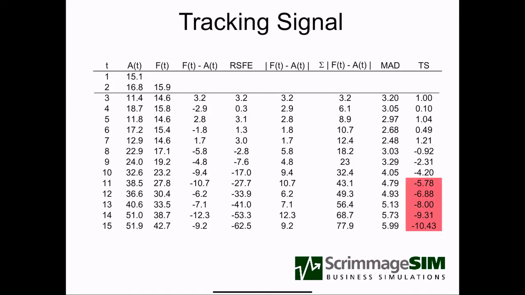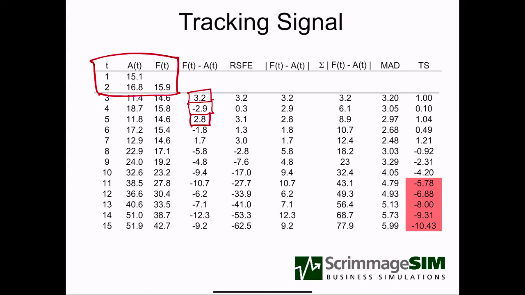Here's the tracking signal calculation for the data from the graph. We have 2 periods worth of data that we're using to initialize the model, so we do not want to calculate any error measures in the initialization period. This first column is forecast minus actual, just like before. So we have a forecast of 14.6, an actual of 11.4, and the difference is 3.2. The next difference is an under forecast of 2.9, an over forecast of 2.8, and so on.